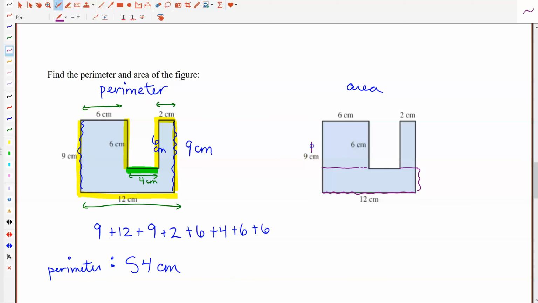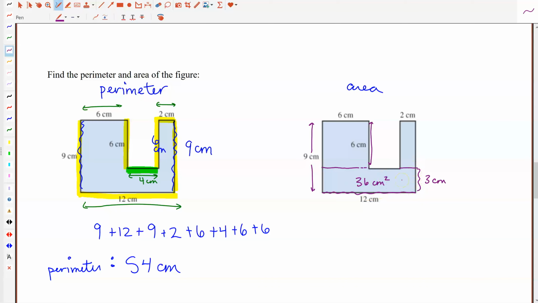If it's 9 centimeters from top to bottom, and it's 6 centimeters from top to this break point right here, 9 minus 6 is 3 centimeters. So this rectangle down here across the bottom would be 12 times 3, or 36 square centimeters. All right, so I can find the area of that piece.